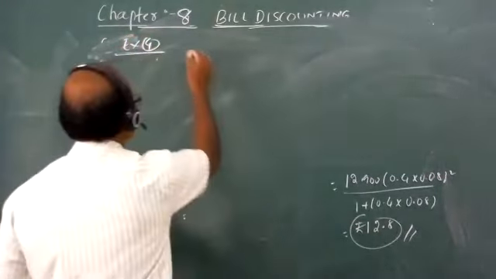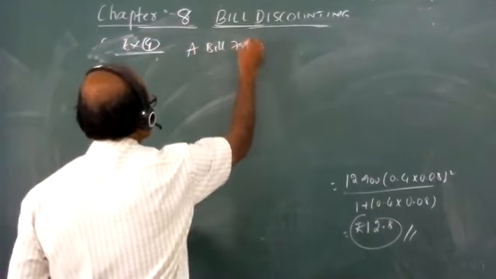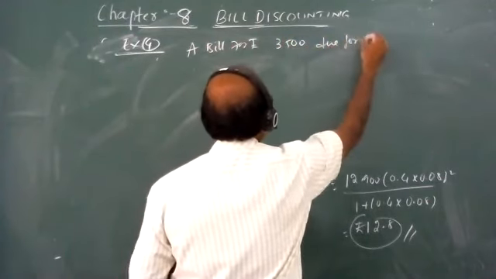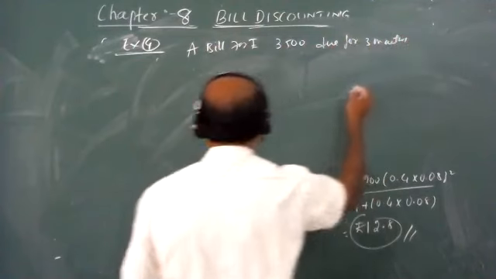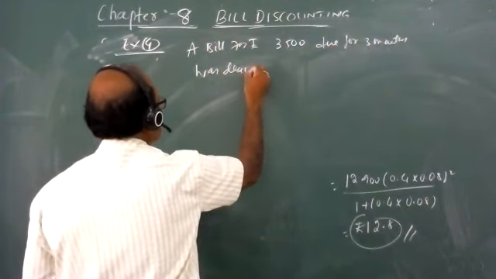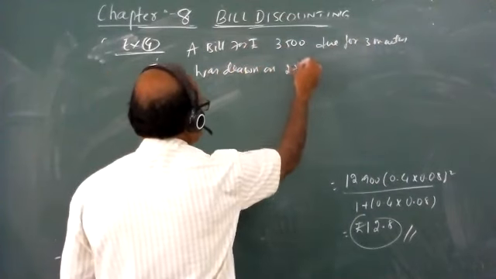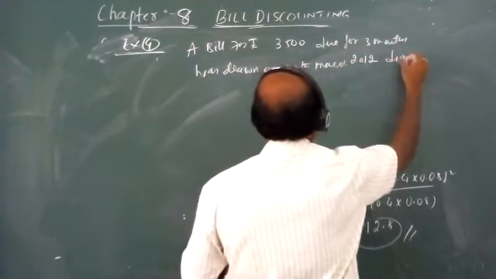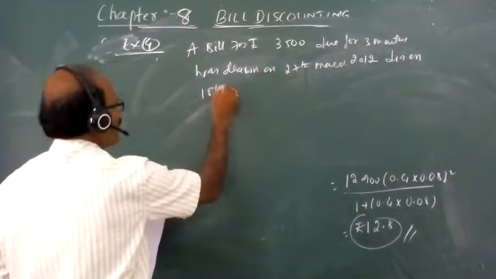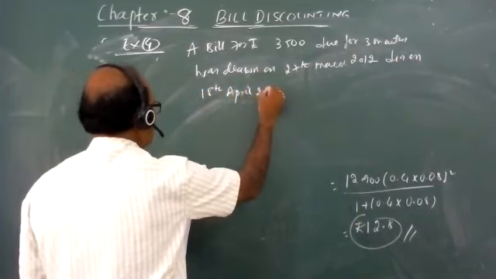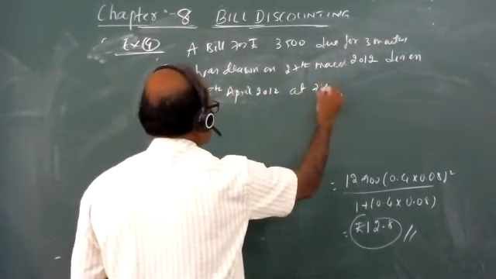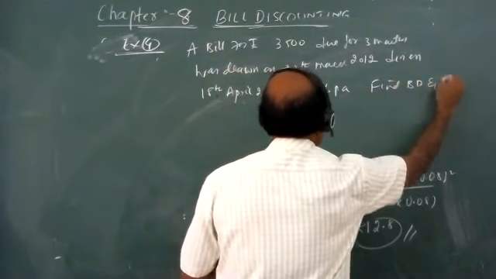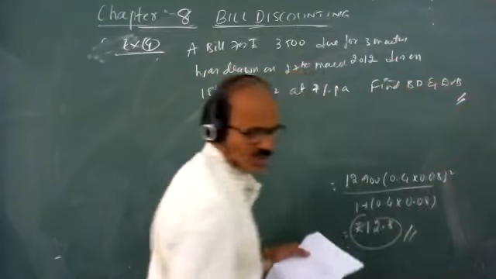A bill for rupees 3,500 for 3 months was drawn on 27 March 2012 and discounted on 18 April 2012 at 7% per annum. Find BD and discount value. That is the question.